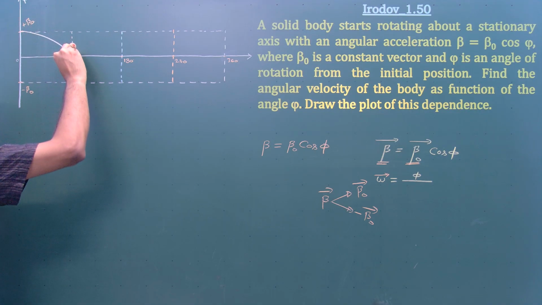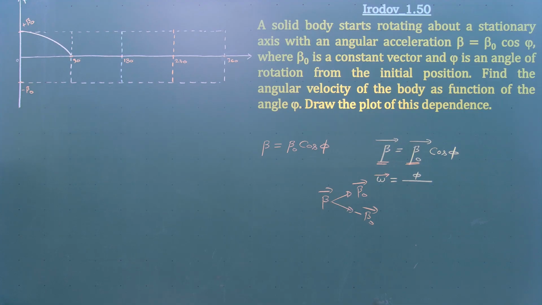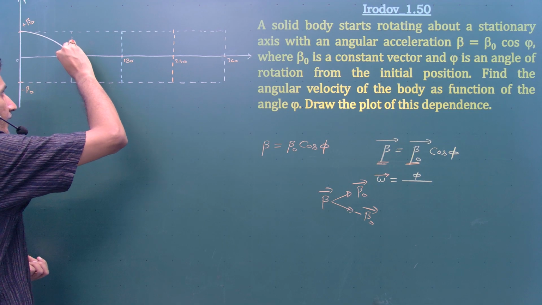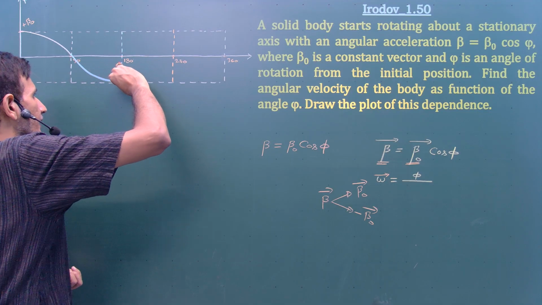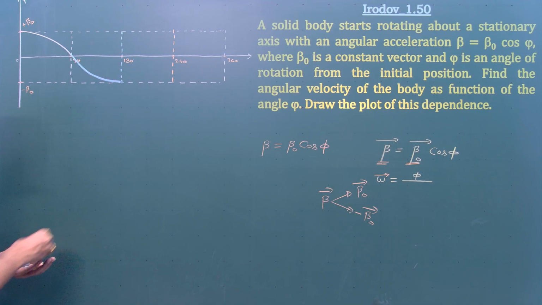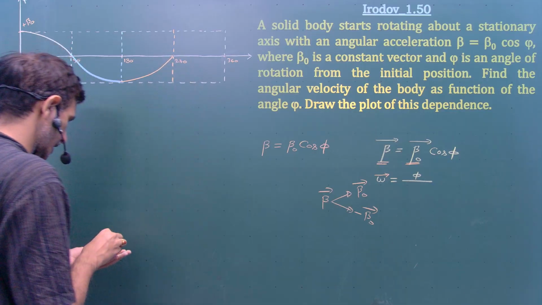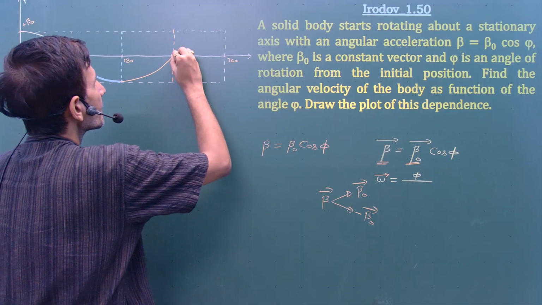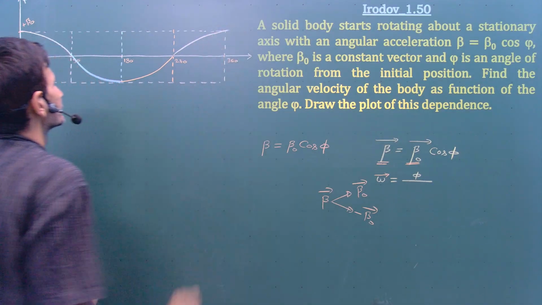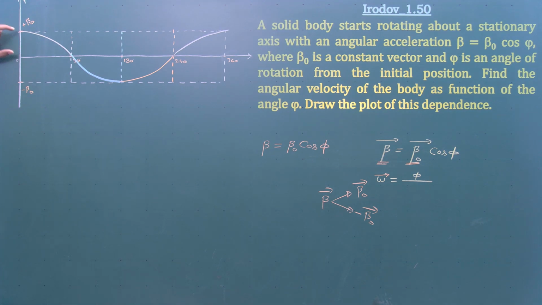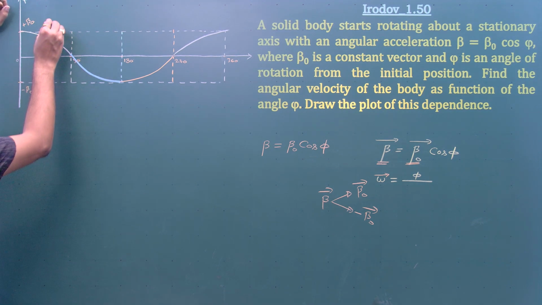So the graph comes like this. After that, the graph is the graph of cos theta, like this, then this, and then this.